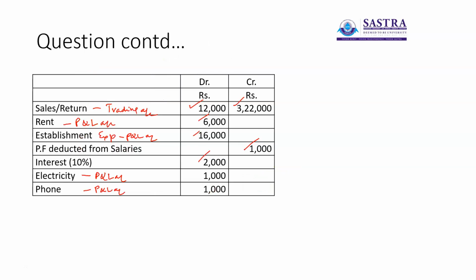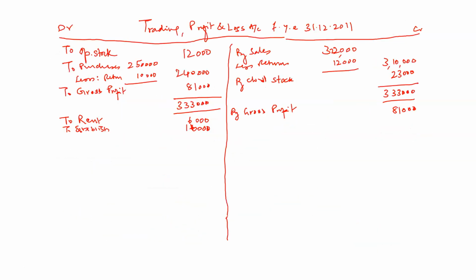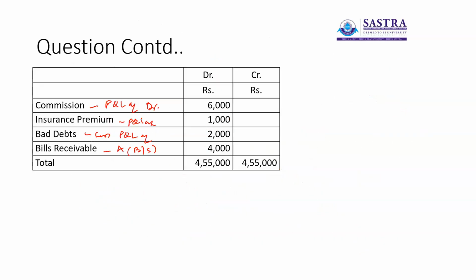Whereas you have shown only 2,000, that means 1,000 rupees is outstanding. So while recording it in the P&L account, to interest plus outstanding 3,000. It is 2,000 is your interest what you have given in your trial balance and 1,000 rupees towards outstanding. So given effect.